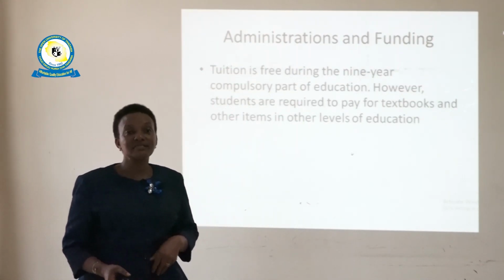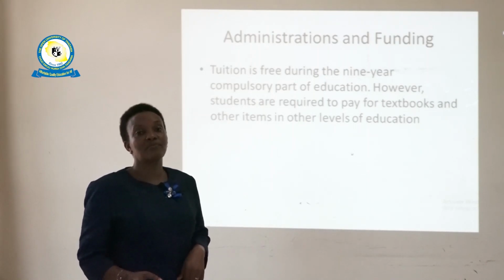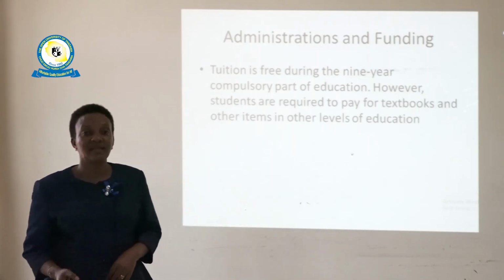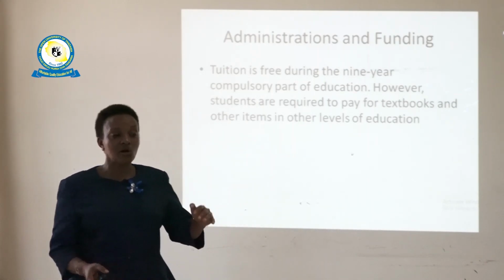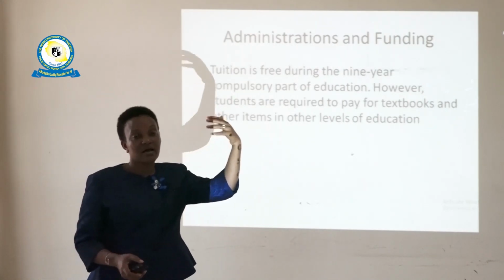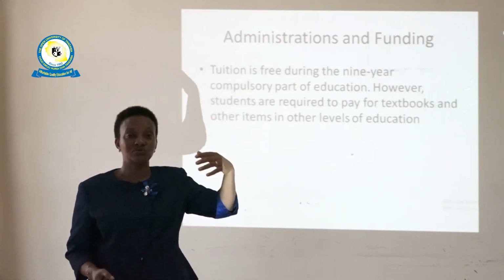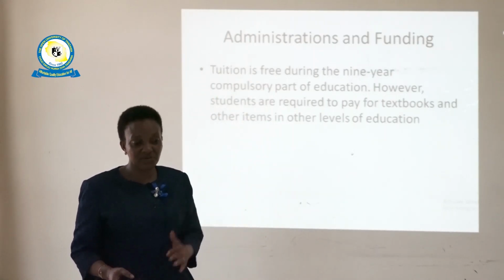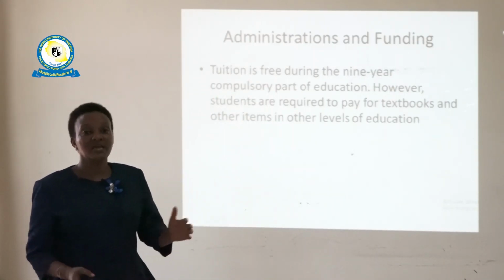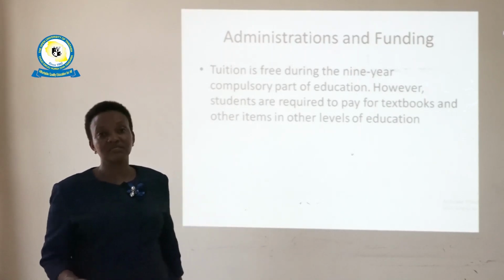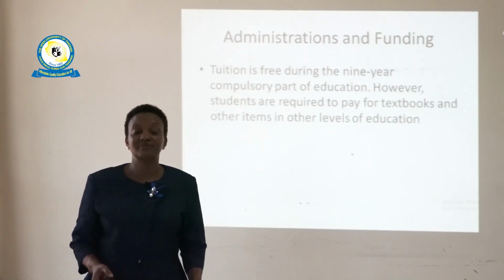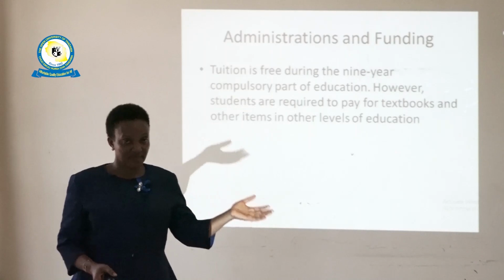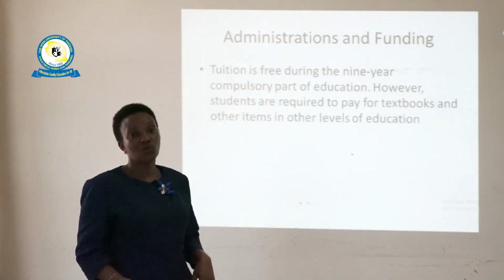However, students are required to pay for the textbooks and other items at other levels of education. So as one goes to the next stages of education, to secondary education and higher levels, a student has to pay for the textbooks and other items, unlike in the primary school.